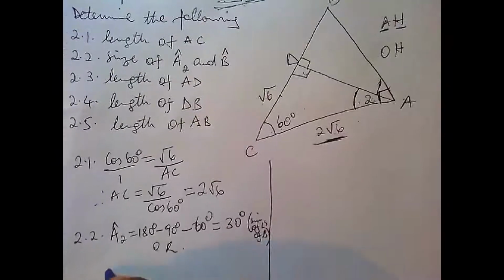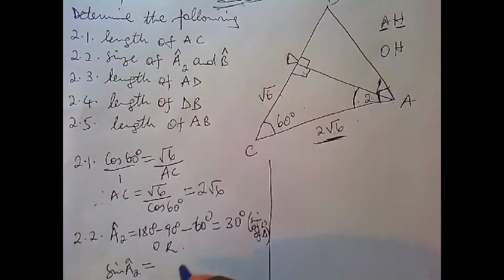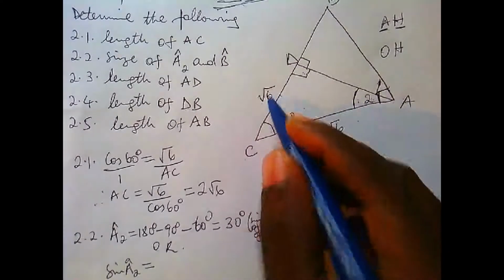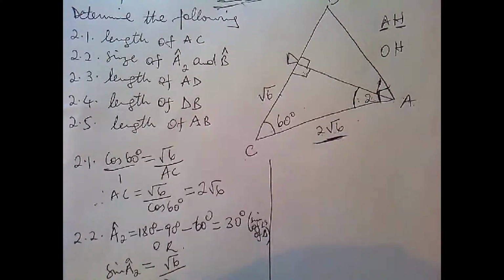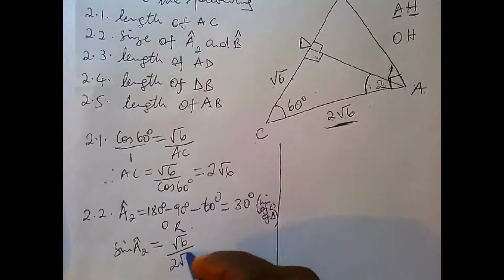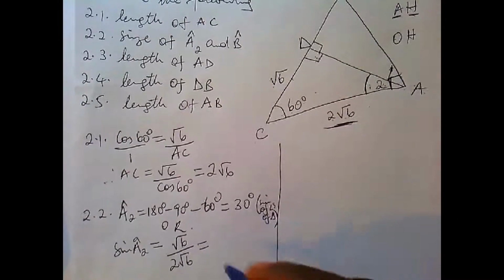So sine of angle A2 will be equal to the opposite, square root of 6, divided by the hypotenuse, which is 2 square root of 6, and if we simplify, the answer will be 1 over 2 or 0,5.